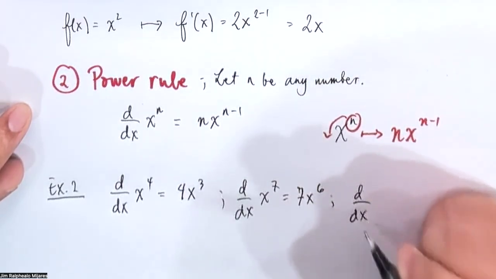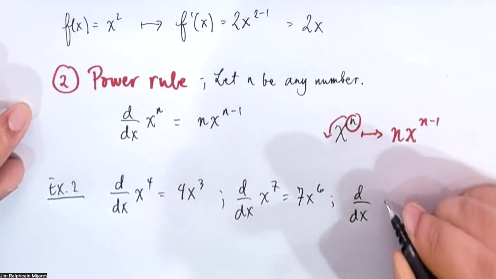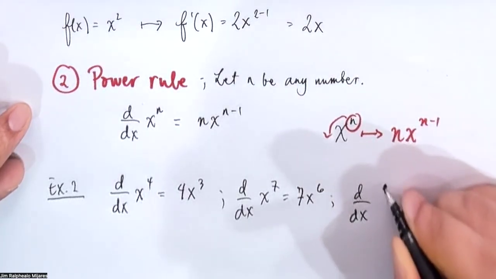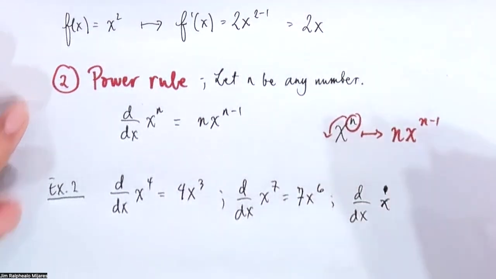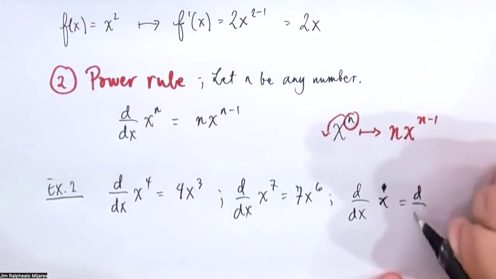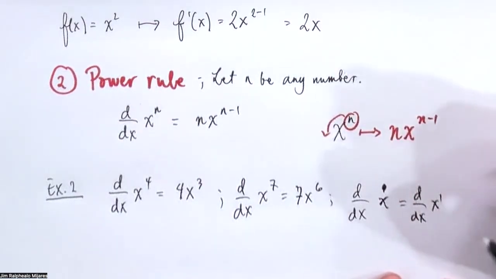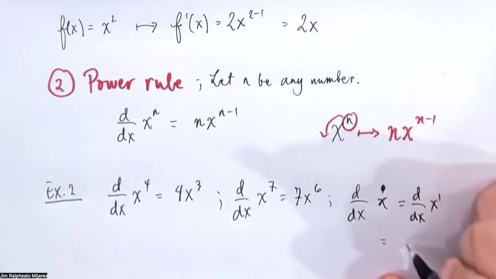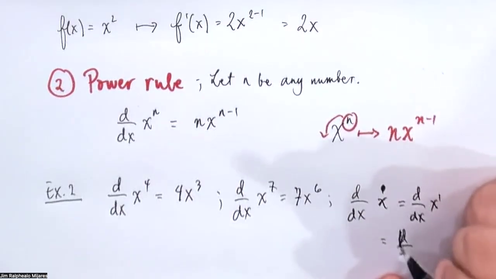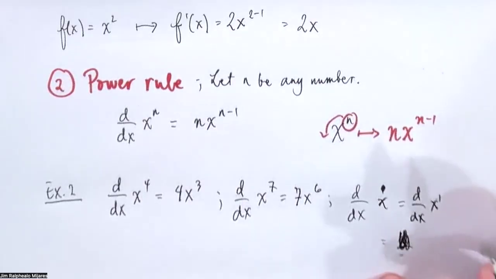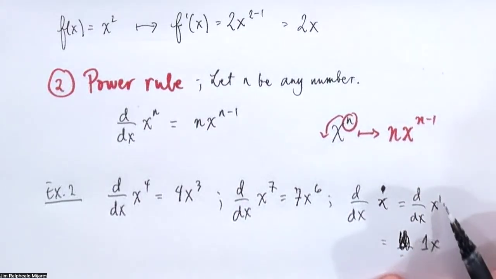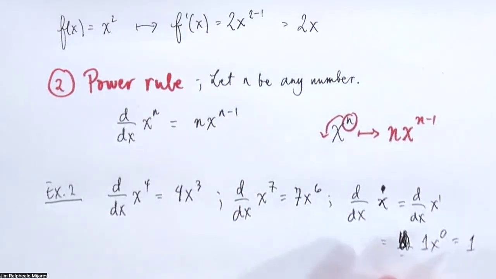How about the derivative of x? Well, this is equal to the derivative of x to the first. What we do is we put this 1 to the front. 1x, we subtract 1 to 0. Or x to the 0 is just 1, so this is just 1. So meaning the derivative of x is just 1.